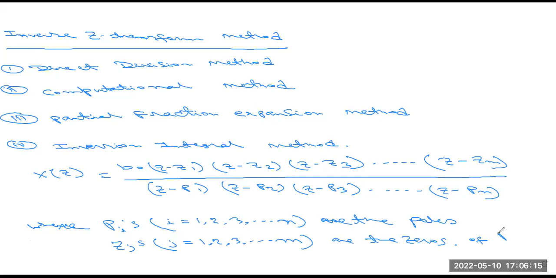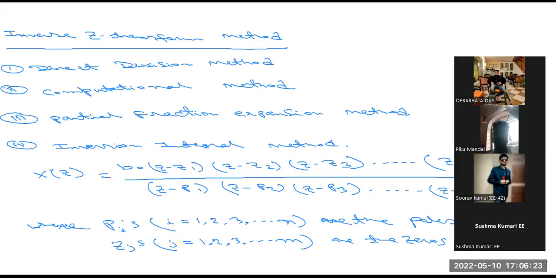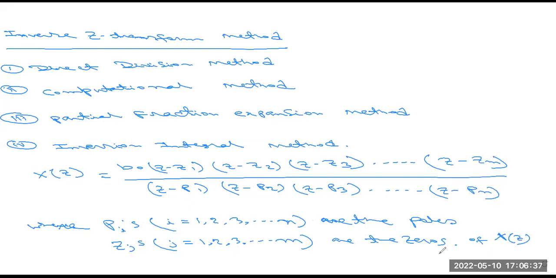Each and every equation you have to know, there are different types of functions available. So i equals 1, 2, 3 up to n is the number of poles, and j is the different number of zeros.